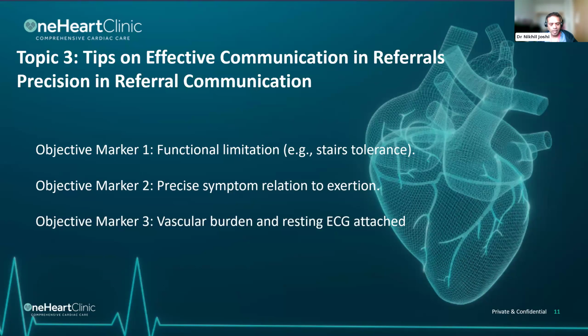So it's almost like two subsets which overlap when there are symptoms. So you may have patients with coronary disease without any symptoms for that matter. So it's important to understand that the vascular burden can drive anginal symptoms, but equally you can get anginal symptoms independent of the risk factor profile.